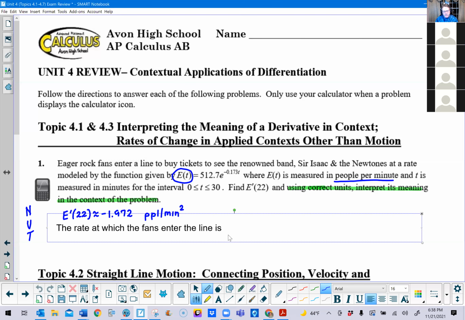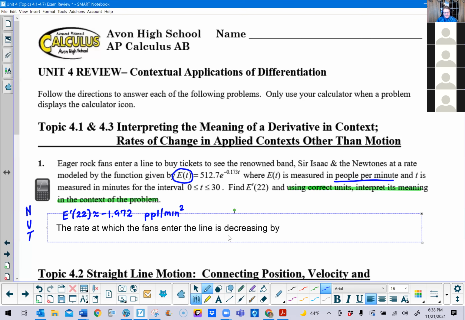So if we say the rate at which the fans enter the line is decreasing by, is that going to be enough to say a second derivative? Maybe we need one more charged word here. The rate at which the fans enter the line is changing. Well, that's kind of like the same word as decreasing.